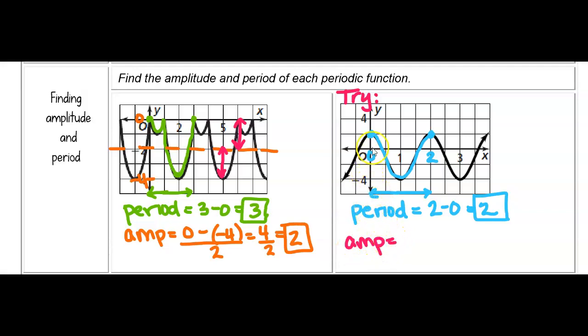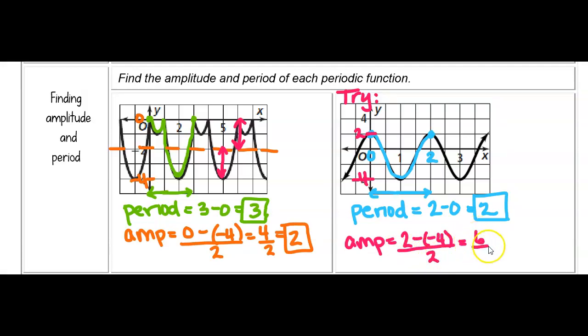The highest y value on the graph, again, I have to look at my units. This is not actually 1. They're scaling by 2, because if that is 4, then this must be 2. So the highest it goes is 2, minus the lowest is -4. 2 minus -4, and we have to divide that in half.